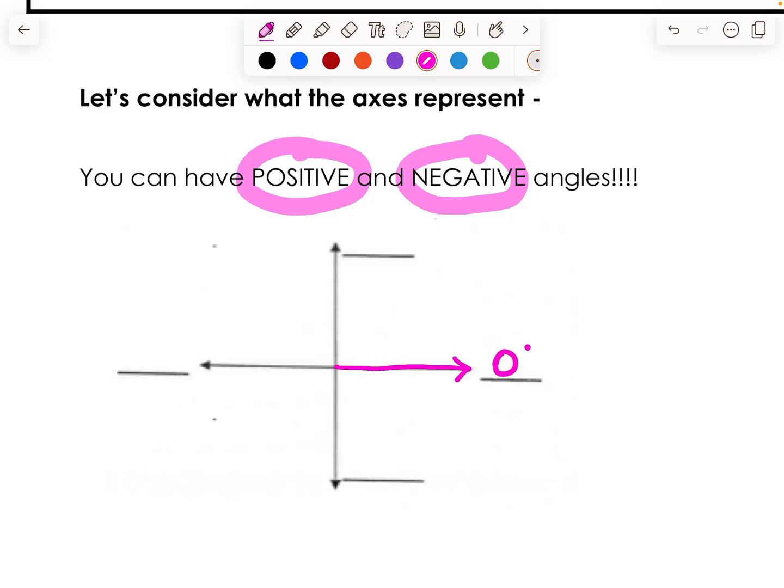Now, when I rotate, I'm going to start here and go up to the y-axis. That measurement is 90 degrees. If I start again and keep going, straight across from it, this is 180. And again, we get the idea. We're going to keep going until we get 270.